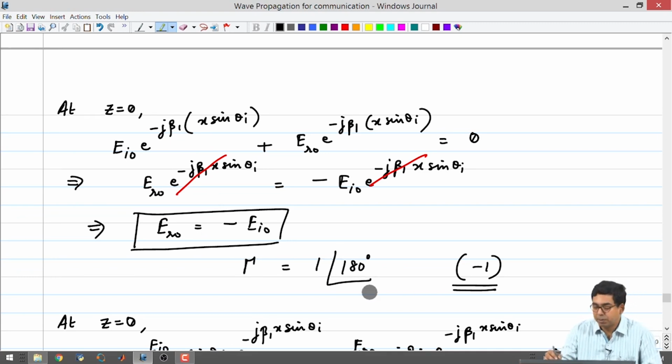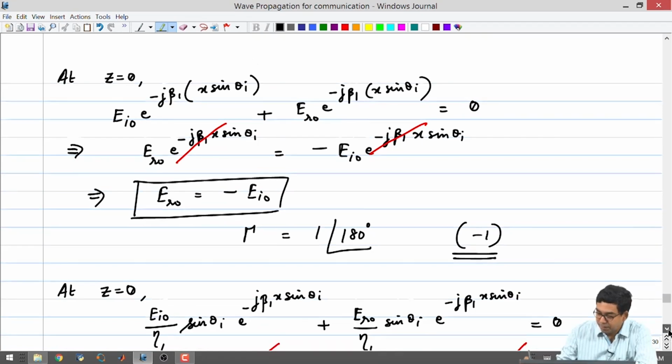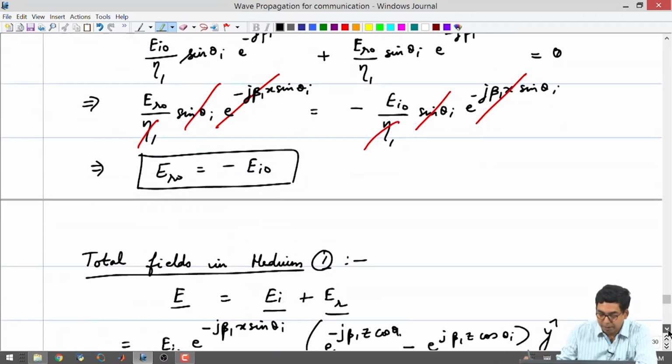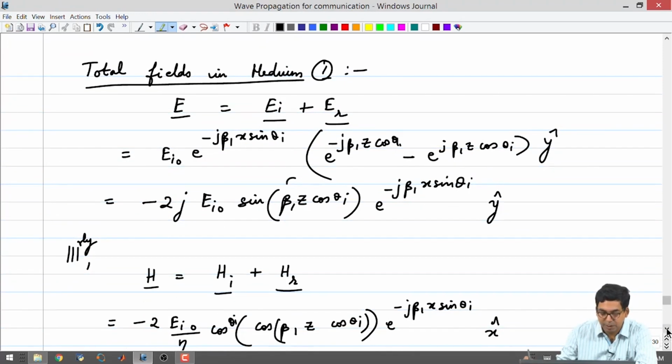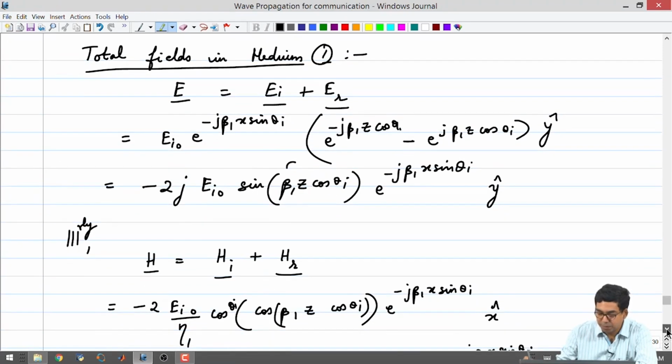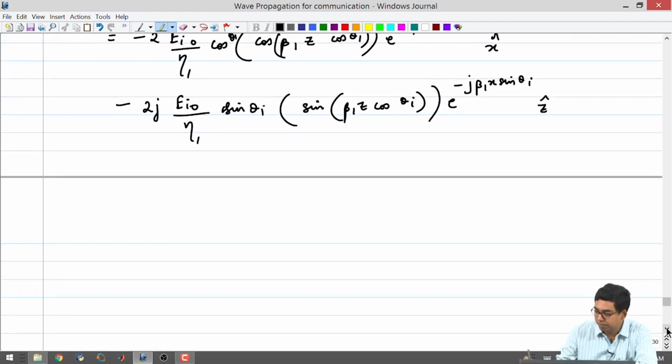The equivalent condition for the transmission line was the short circuit, where the voltage reflection coefficient is equal to -1. We then wrote down the total fields in medium 1 with reflection at the interface, and wrote a simple computer program where we saw standing waves in the Z direction and a traveling wave in the X direction.